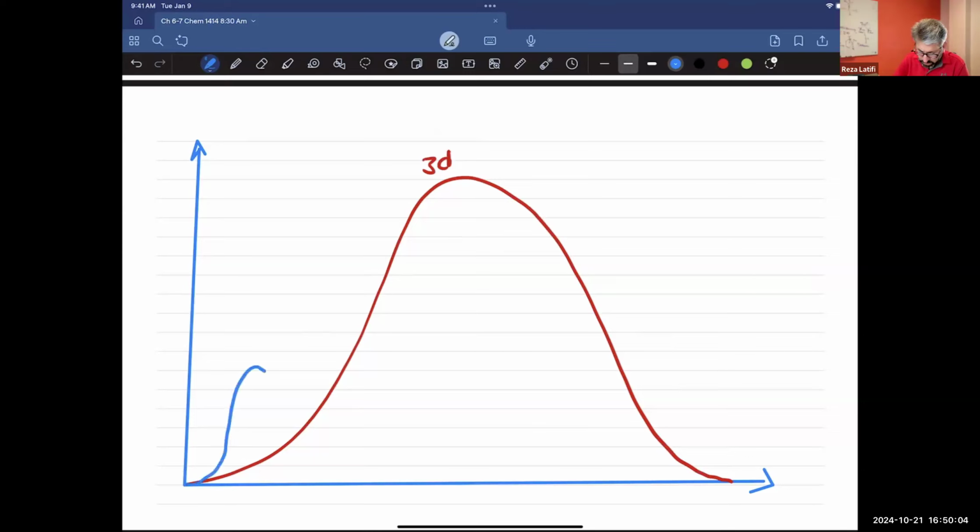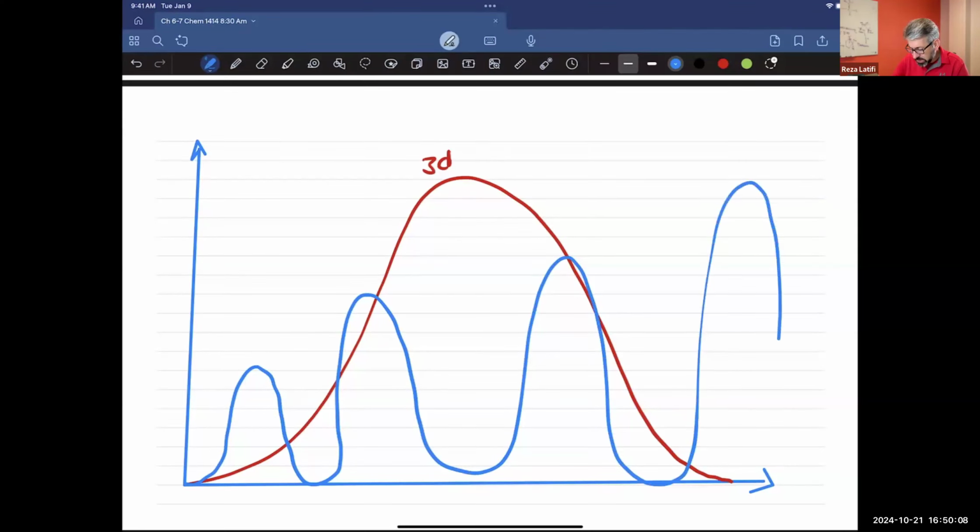This is 1 node, 2 nodes, 3 nodes, and that's going to be the 4th one. This is going to be the 4s orbital. So if I look at the max point, those are nodes. This is the first radial node, that's the second, and this is the third radial node. Remember, the number of nodes equals n minus 1.